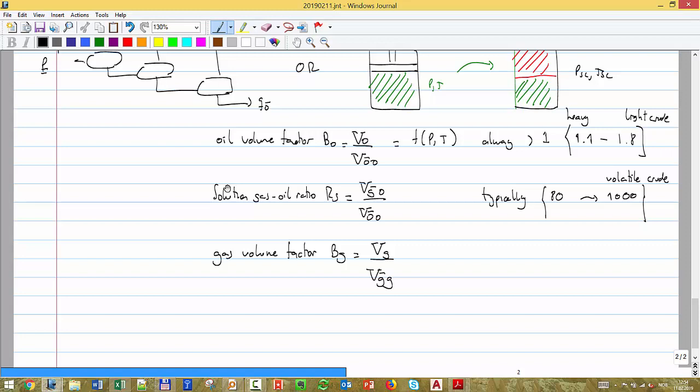What happens with gas with pressure and temperature? For high pressure and temperature, it takes very little space, right? But if I reduce the pressure and temperature, it grows. So this number is always much, much bigger than this number. So this factor is typically something between 10 to the minus 4, maybe even 10 to the minus 2, but it's very, very small, because that tells you the ratio of expansion of the gas.